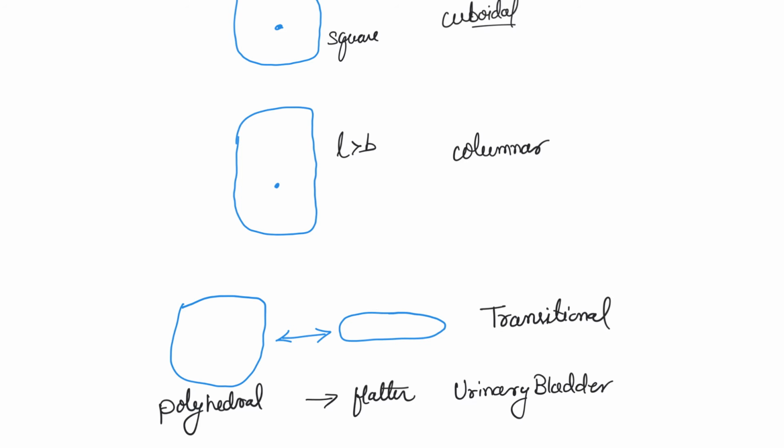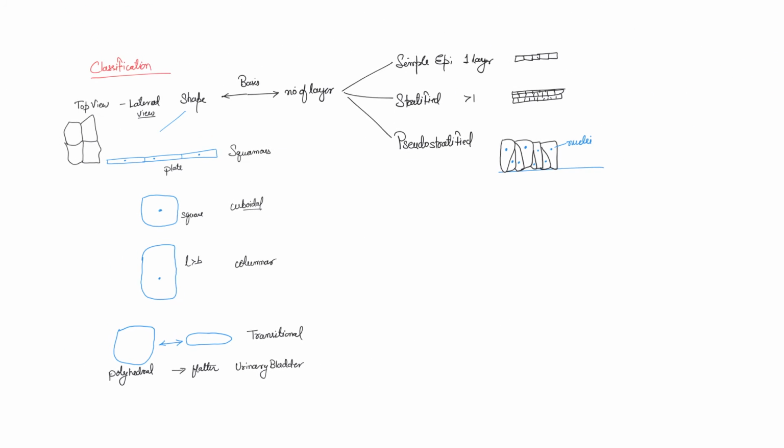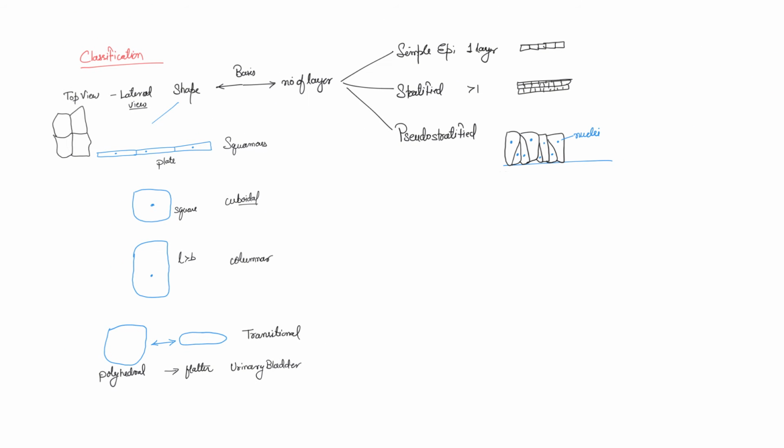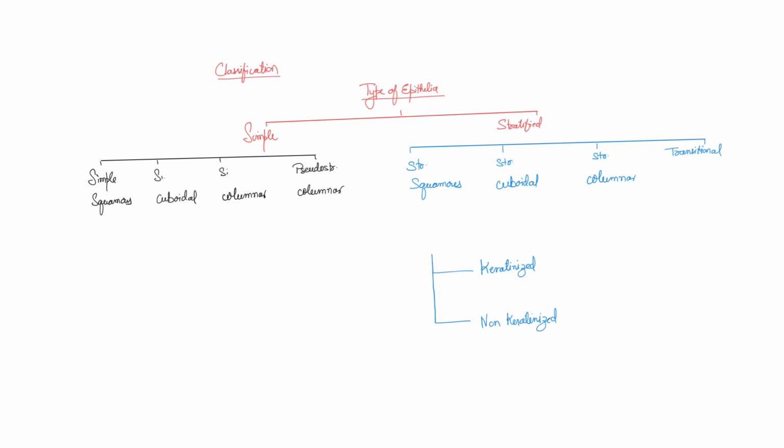Okay, now as you can imagine, we have to club the two classification systems, that is the basis of shape and the basis of layers, and come up with a more diverse system, right? So let us try to do exactly that. Combining the two classification systems, you can come up with a lot of variety.